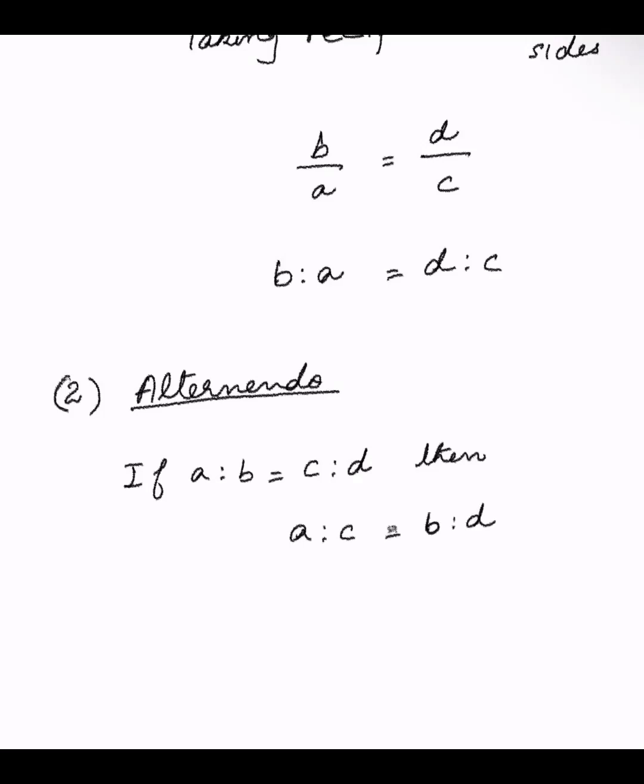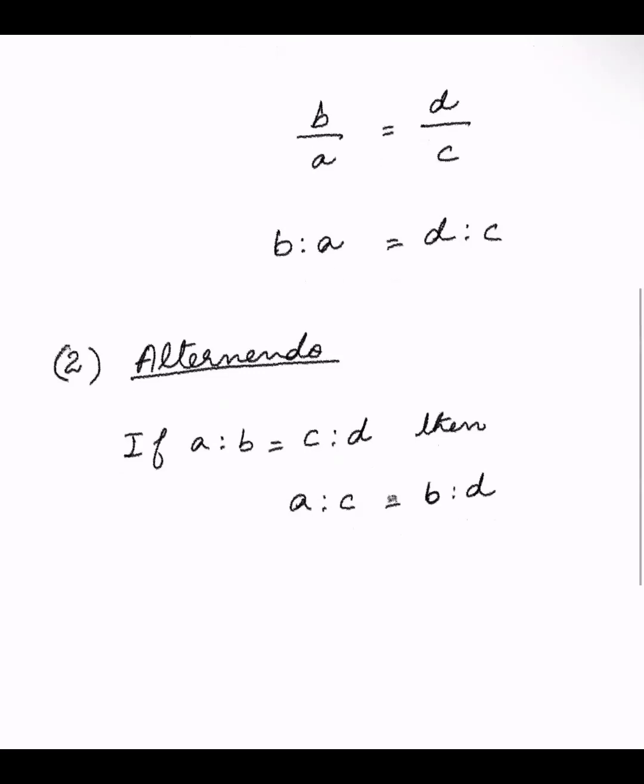So based on alternando, if A, B, C, and D are in proportion, you can also write it as A is to C equal to B is to D, instead of writing A is to B equal to C is to D.